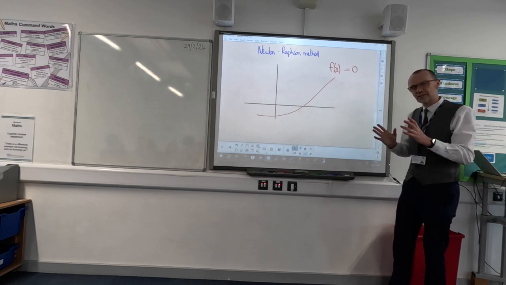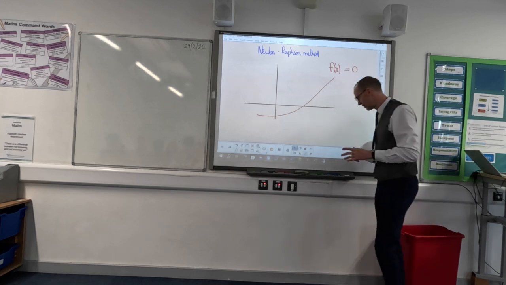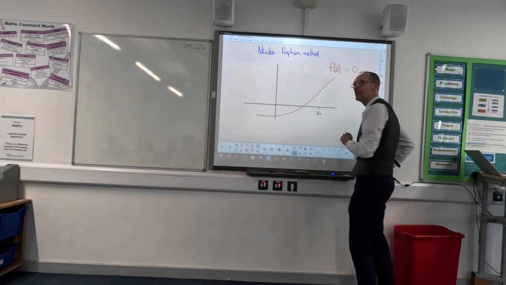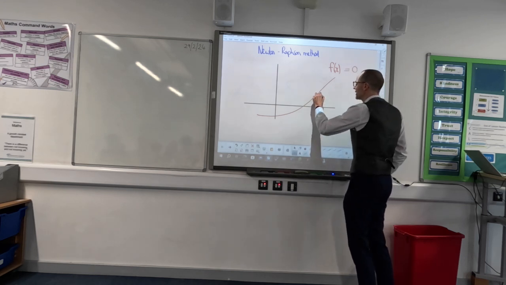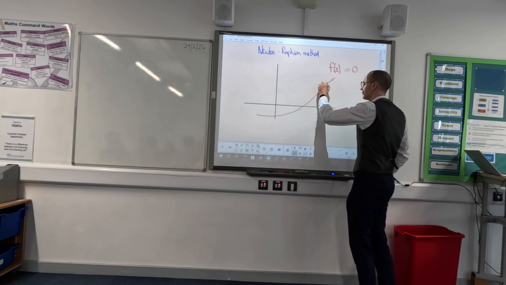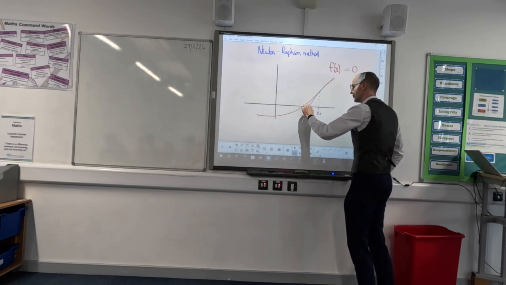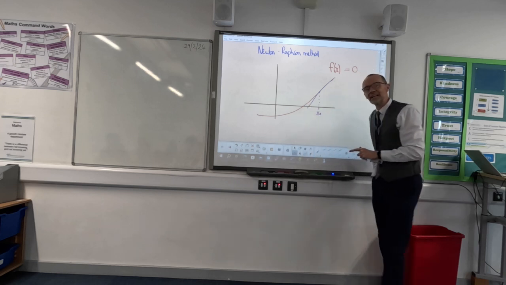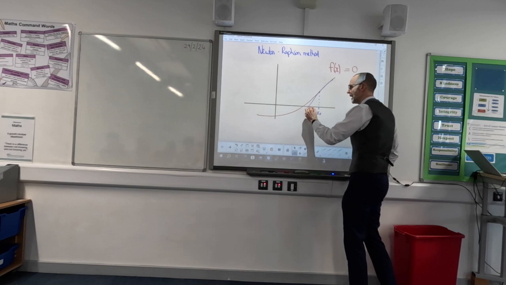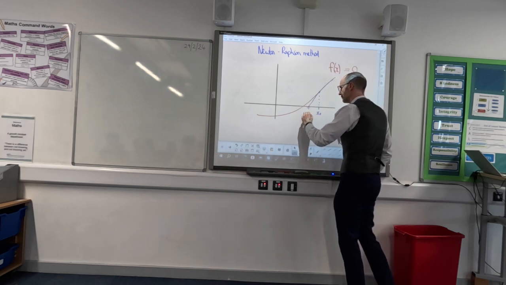And so what Newton-Raphson does, which I consider to be absolute genius, it says this: pick a point. We're used to doing that. And at that point, draw a tangent to the curve. And work out where that tangent crosses the x-axis, and make that your next point.